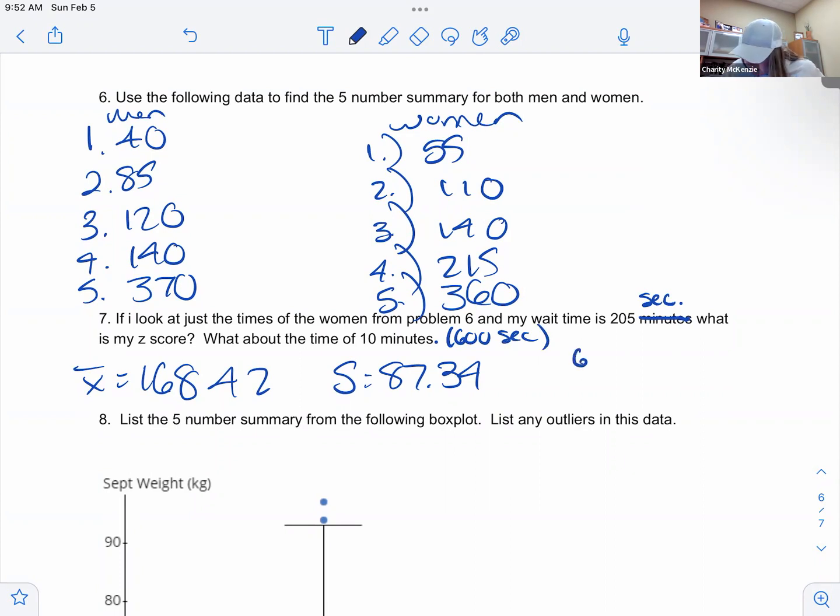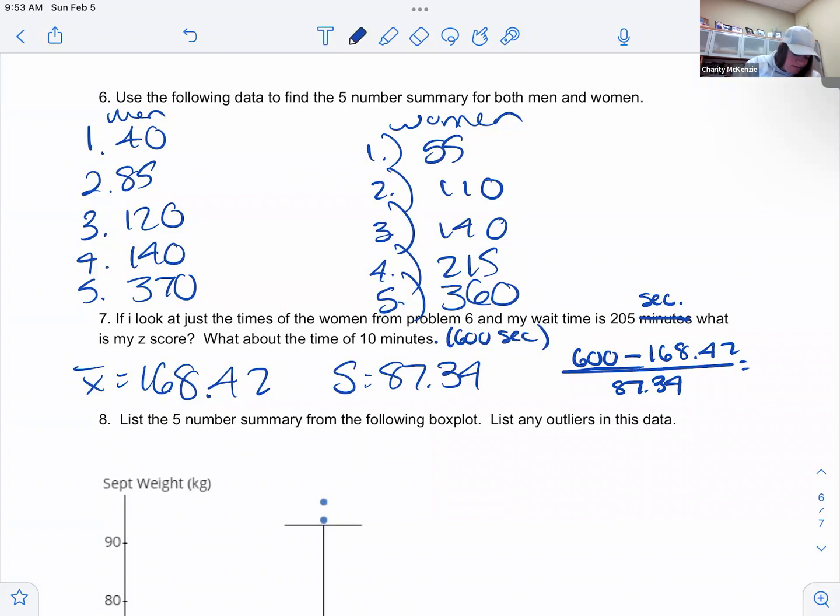All right, so Z-score: 600 seconds minus the mean, 168.42, divided by the 87.34. So I got to do some calculator, 168.42, and then divide that by 87.34. Make sure you subtract, hit enter, then divide, or use parentheses around the top, or it gives you the wrong answer.